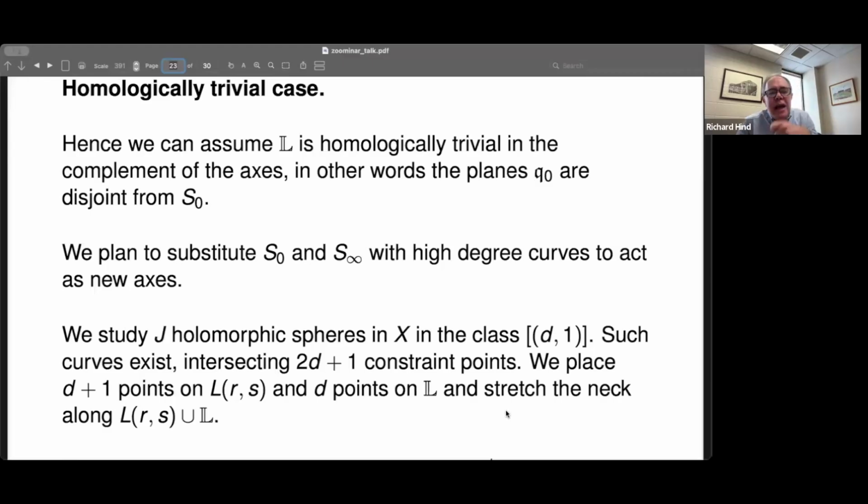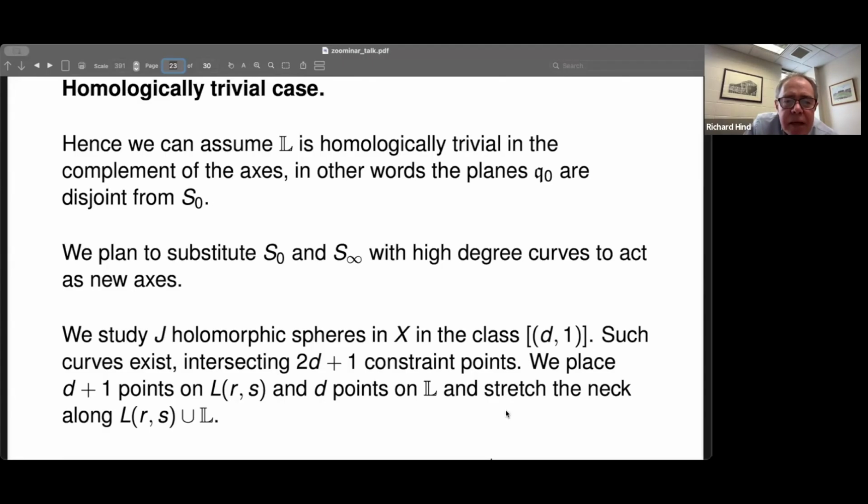But to do that, I'm going to want some holomorphic curve to intersect the family Q0, and maybe that is impossible with holomorphic curves just in the original class we were looking at, in the class of S0.